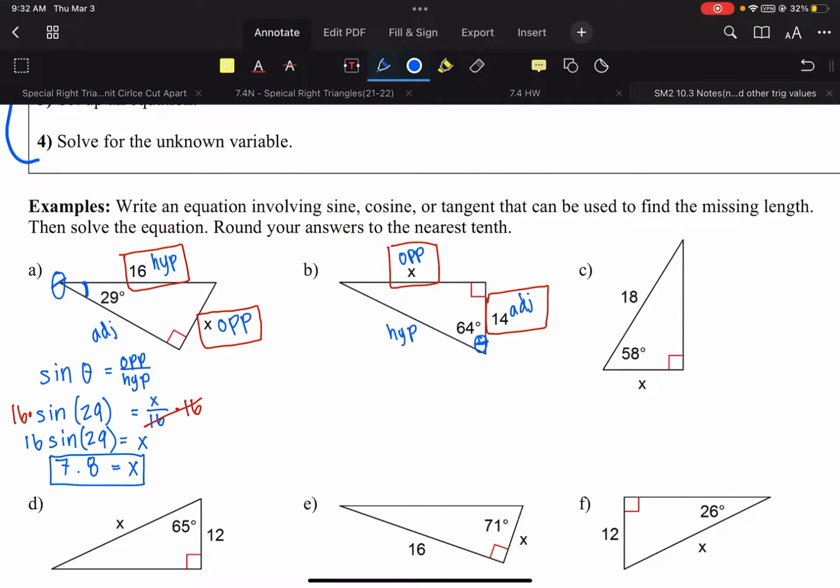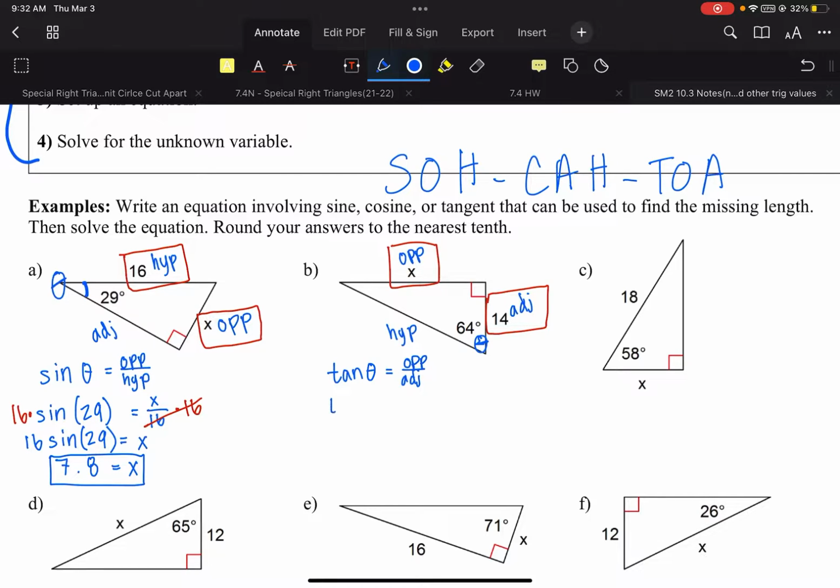I don't care about the hypotenuse, I'm just going to ignore it. Then I think back to SOHCAHTOA. Let's write it up here again. Which of those three deals with the opposite and the adjacent? Well, that's the TOA piece, which is the tangent. So I'm going to start with the tangent of theta is equal to the opposite over the adjacent.